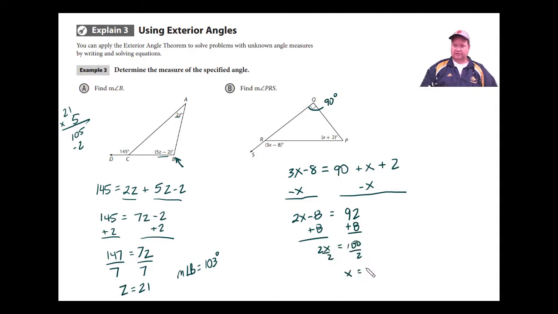And if x equals 50, now I can go figure out what I was trying to find. PRS. They actually want the measure of that exterior angle right there. PRS, which is 3x minus 8, which is 3 times 50, minus 8, which is 150. Take away 8. So the measure of angle PRS is 142 degrees. And that's it.